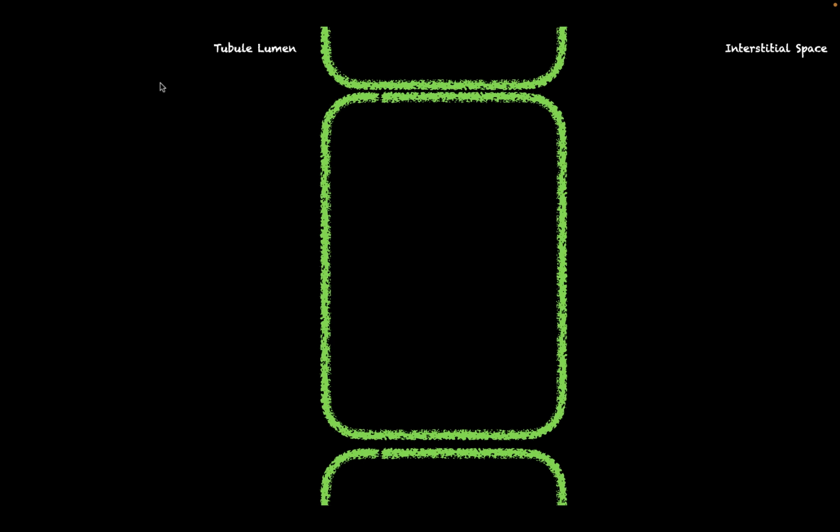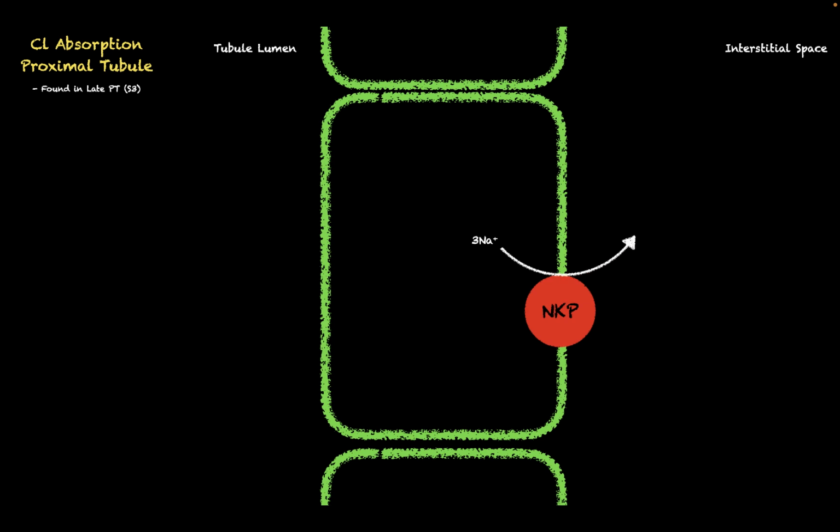So now let's talk about how chloride is going to be reabsorbed in the late proximal tubule, specifically segment 3. So in order to get this going, we need to have our sodium-potassium pump. The sodium-potassium pump pumps 3 sodiums out of the cell into the interstitial space and 2 potassiums into the cell. And it does this by hydrolyzing ATP and utilizing that energy to accomplish this.